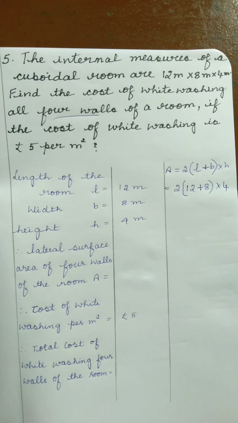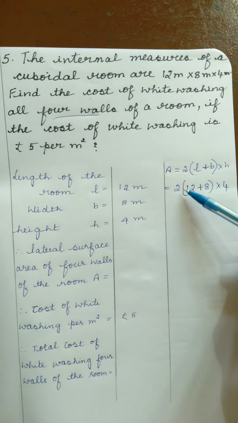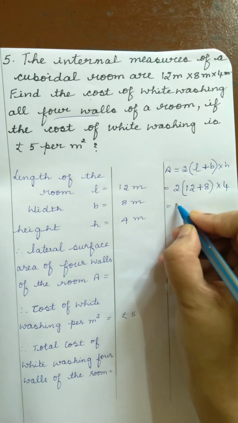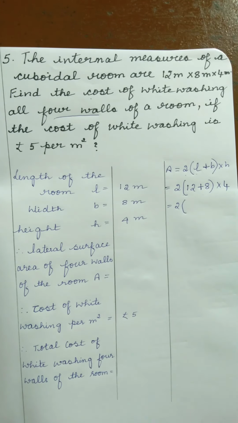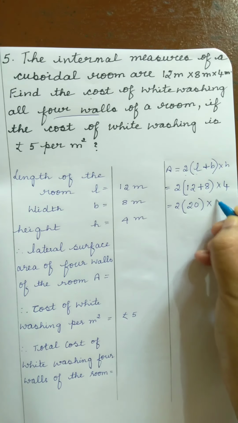The formula of the lateral surface area of the cuboid is equal to 2 into (L plus B) into H. Substitute the values: 2 into (12 plus 8) into 4. On further simplification, 12 plus 8 is 20, so 2 into 20 into 4.